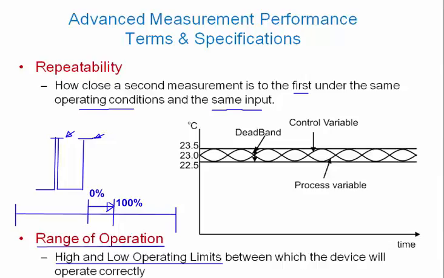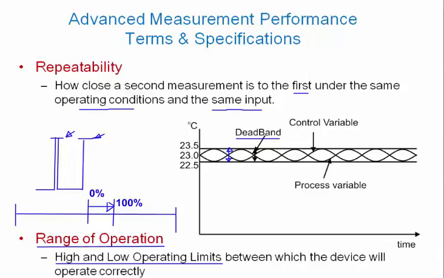The other issue on the side here, deadband, I just need to explain a little bit about. If there is a movement in the process variable, but the instrument itself cannot see that variation, then this is what we call the deadband of the instrument.